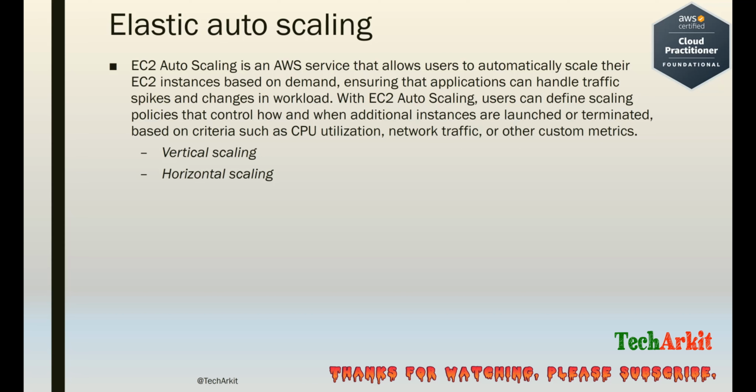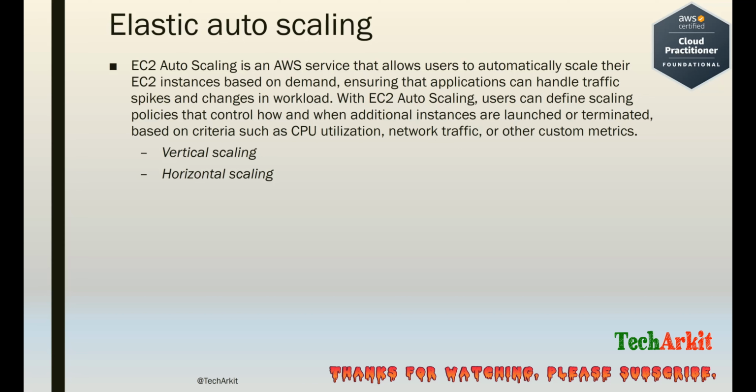For example, say you have some seasonal plans, right? Maybe you have some festival or Christmas or New Year, then you put some e-commerce website there, you put some offers, right? That time more users come, then what you can do is configure this auto scaling feature, which will automatically bring up more instances when there is more workload.